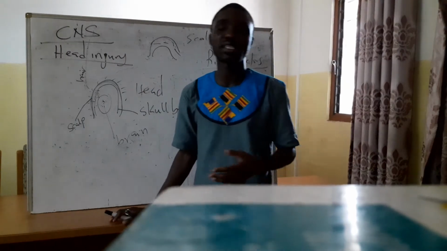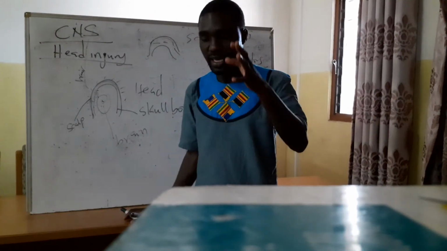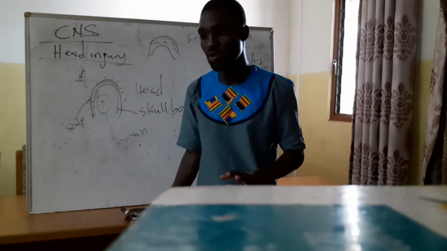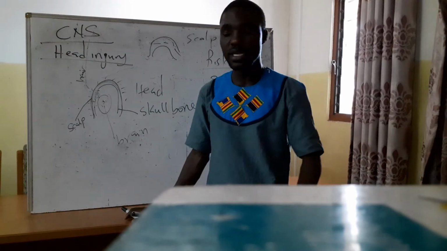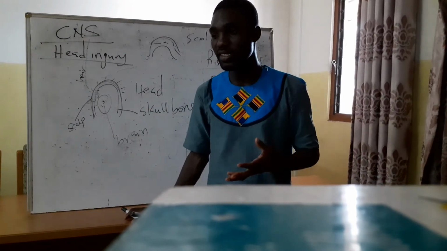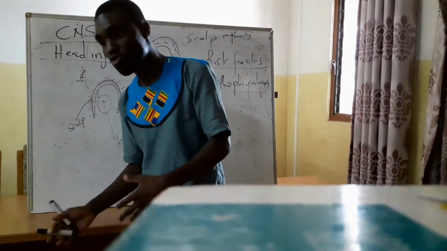But depending on the extent of injury, sometimes it can penetrate the scalp and then it can affect the scalp bones, right? And then especially if it's a penetrating object, sometimes it can even pierce the scalp bone and then the brain will be affected.